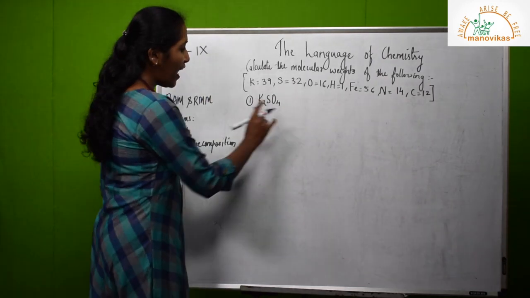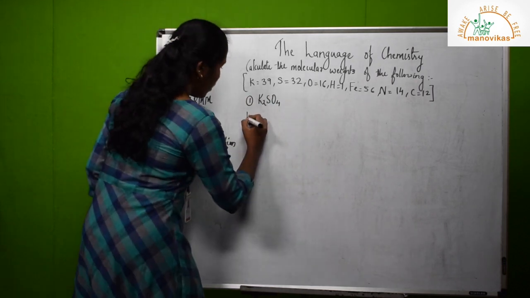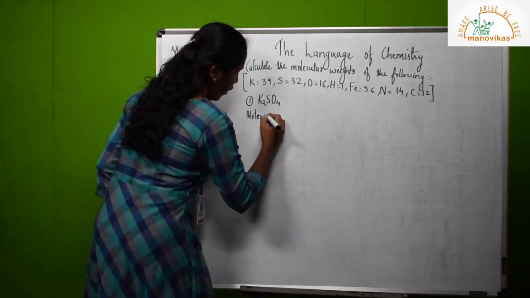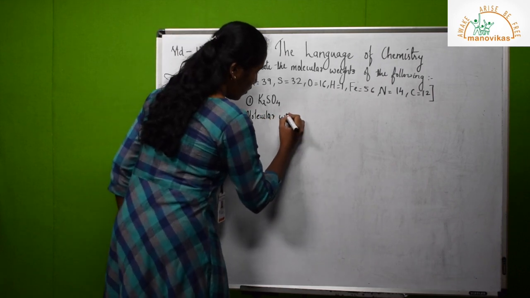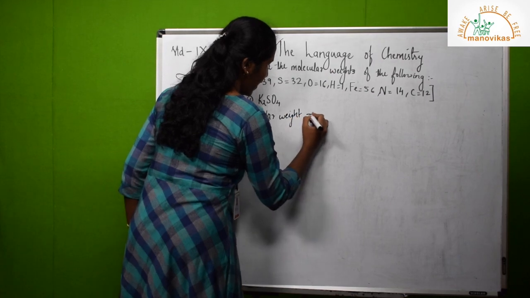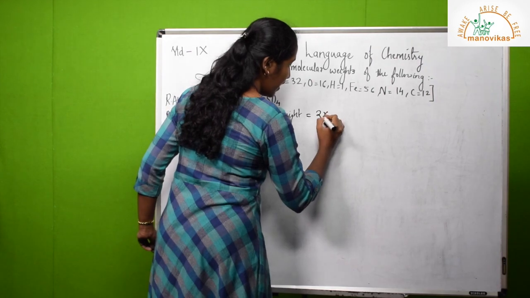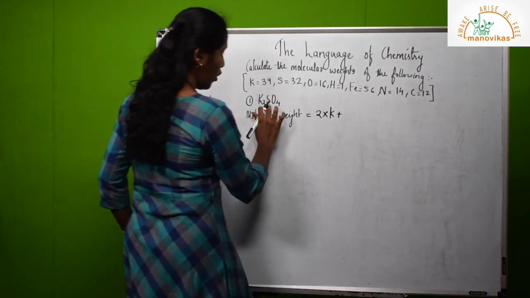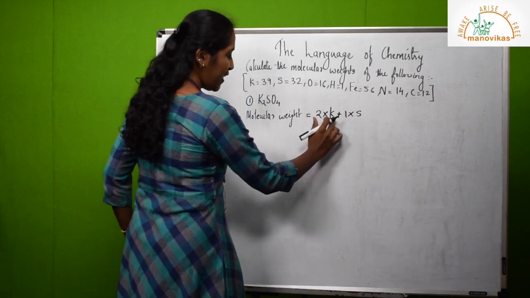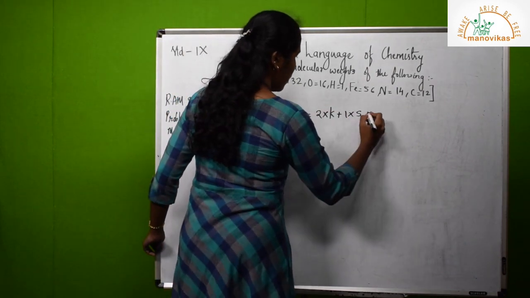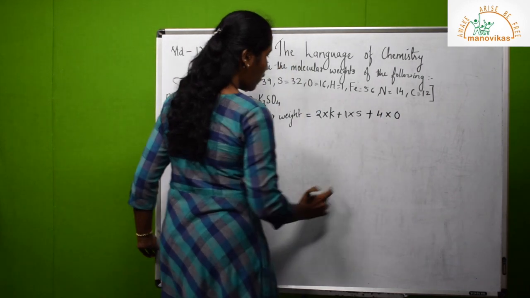The first one is K2SO4, that is potassium sulfate. In this, the molecular weight, or you can say relative molecular mass, is equal to 2 times K plus 1 time sulfur, that is its atomic mass, plus 4 times the atomic mass of oxygen.